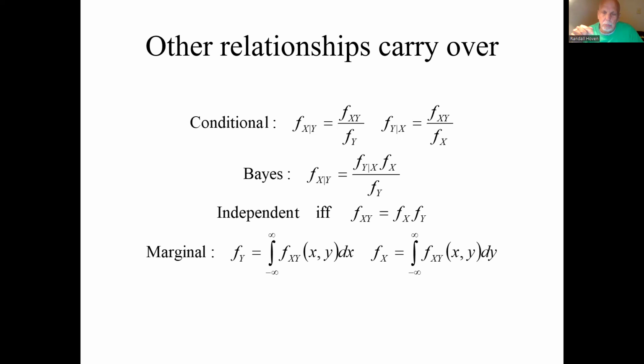If you go back to the previous video, now those summing operations are integrations. If we're given the joint PDF of x and y, and we want the PDF of y itself, we integrate the x out of it. And if we want the PDF of x alone, we integrate the y out of it. So these are things that will go on a formula sheet.